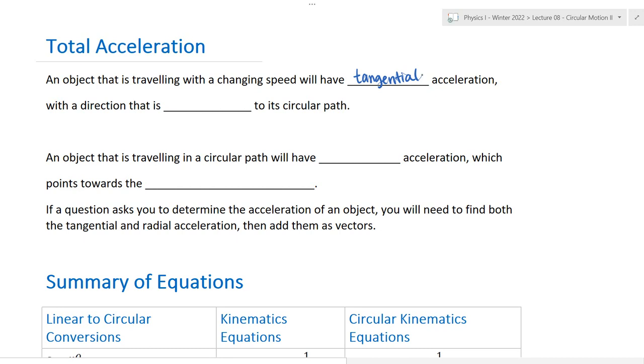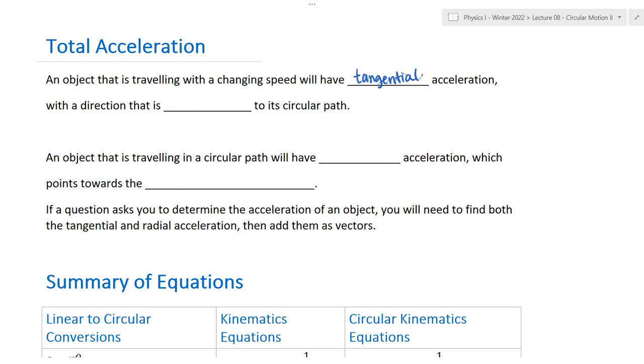If your speed is changing, you're going to have an acceleration. It doesn't have anything to do with the fact that you're traveling in a circular path. If you're driving your car at 10 kilometers per hour and then you accelerate to 30 kilometers per hour, that would be referred to as tangential acceleration. You don't need to use the word tangential, it's just implied.